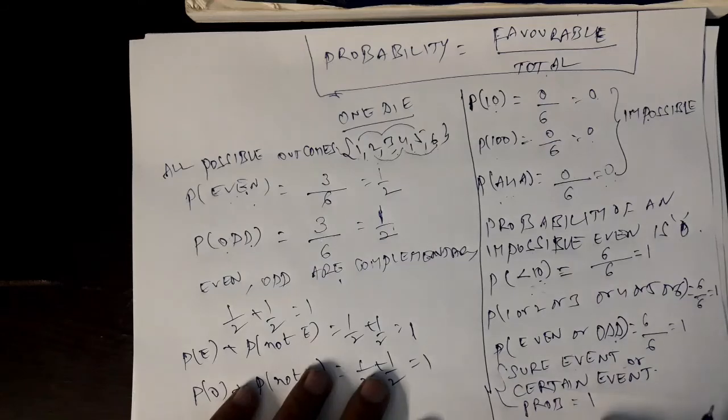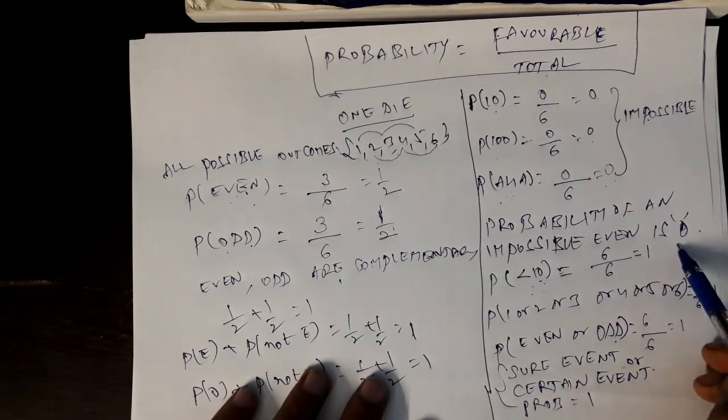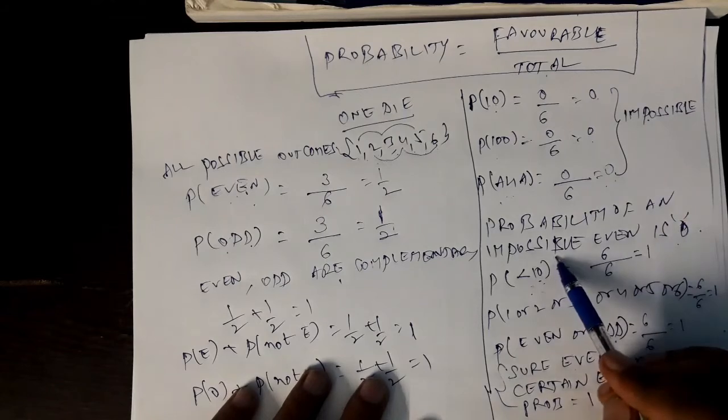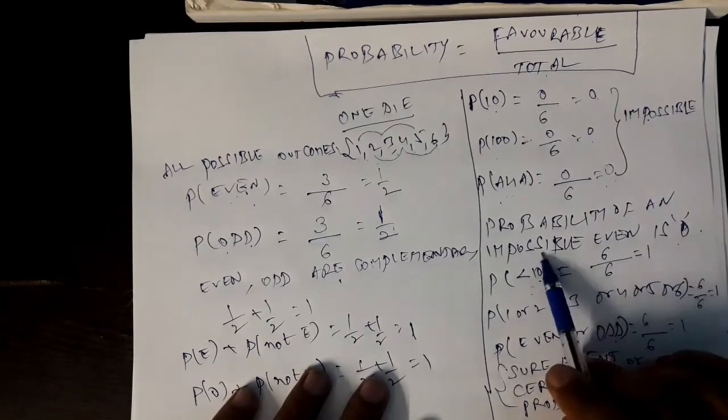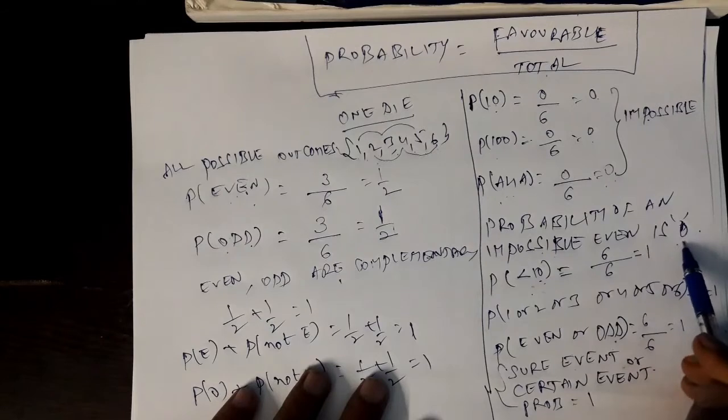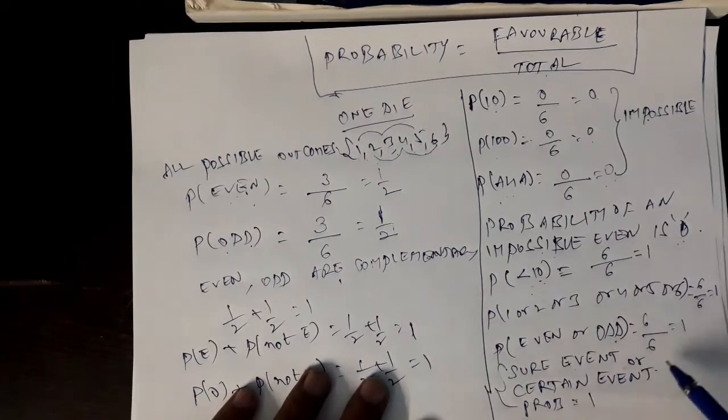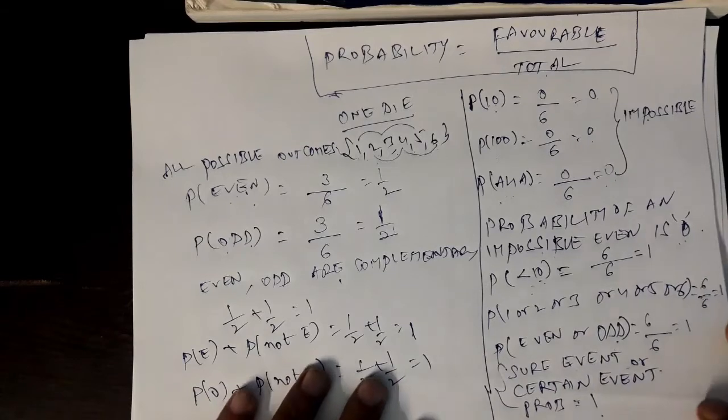For an event, if the probability is 1, that event is a sure event or certain event. For an event, if the probability is 0, that is an impossible event, right? For an impossible event, the probability is 0. For a sure event or certain event, the probability is 1. Can you remember? Yes, a very useful point, right?